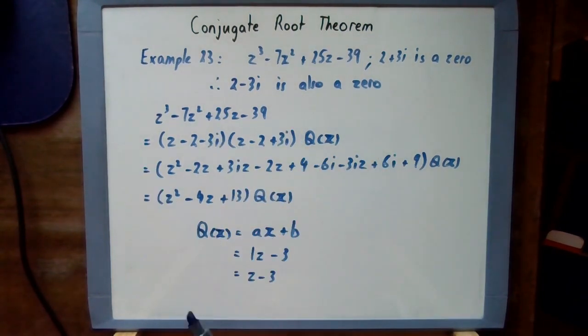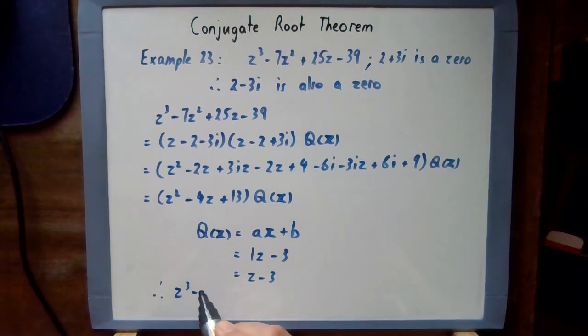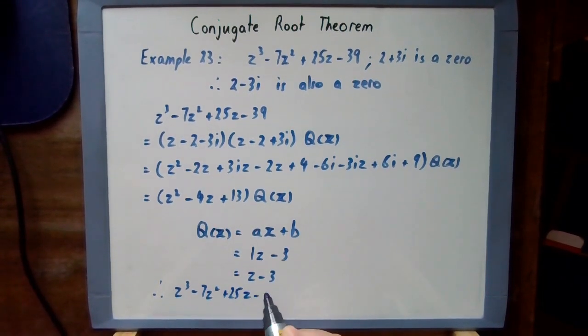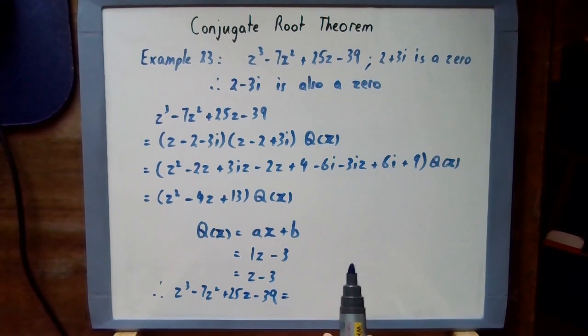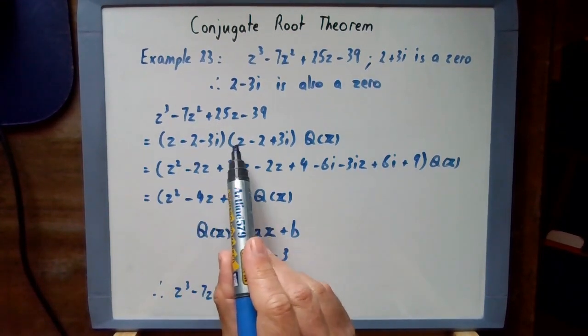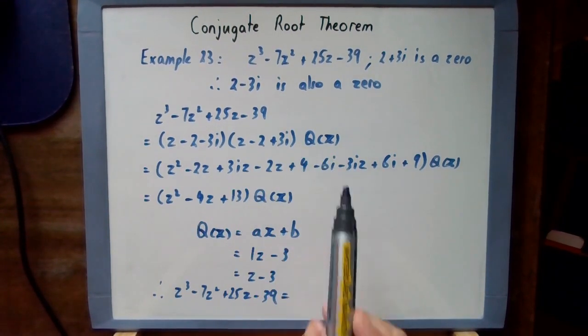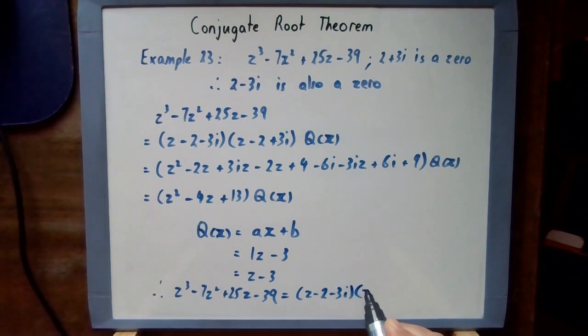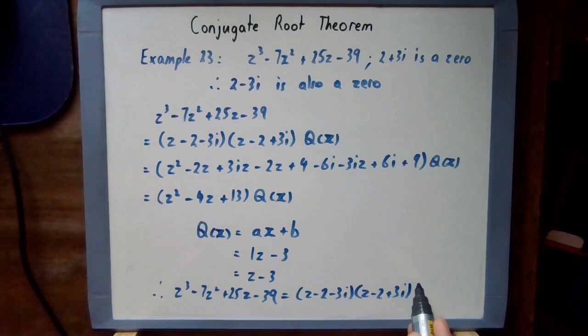We're being asked to find in the question the factors. So therefore we have z cubed minus 7z squared plus 25z minus 39 is equal to this times q. So z minus 2 minus 3i, z minus 2 plus 3i, and z minus 3.